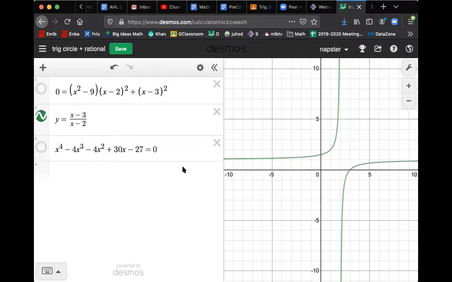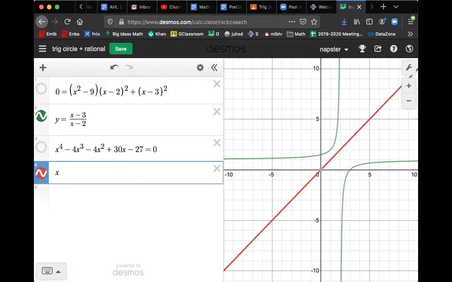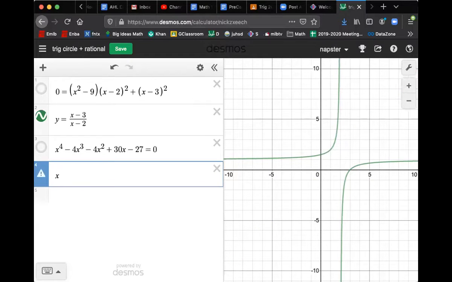Okay, so notice here's the parabola. Let me go ahead and add x squared plus y squared equals 9. All right, so you can see the solutions here.